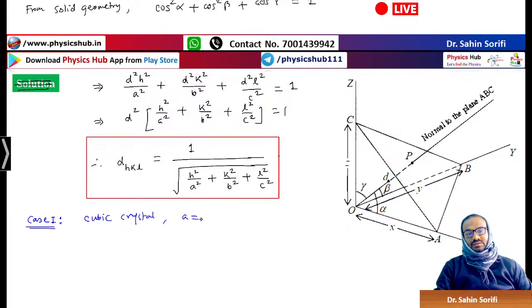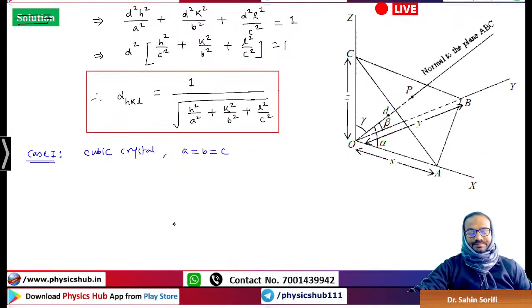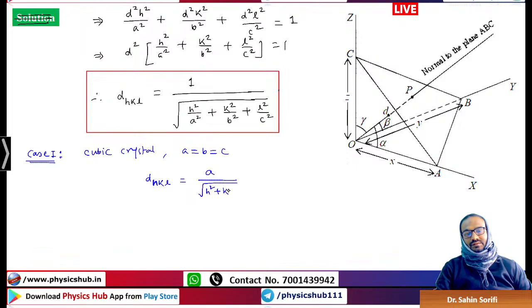For a cubic crystal, all the sides are equal, so a, b, c will all be equal, and as a result you get the formula for d_hkl. Since a, b, c are equal, they come out of the root. Let's say that is a. So d equals a by root over h square plus k square plus l square. Case 2.